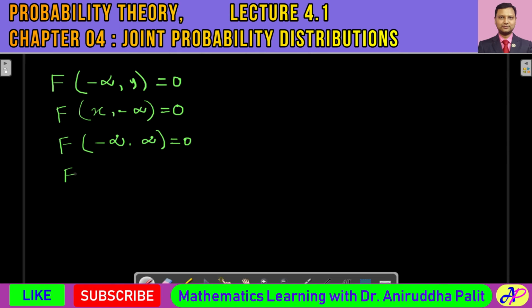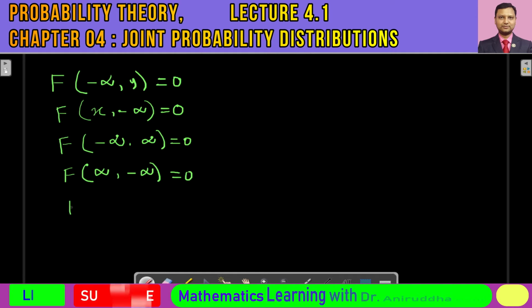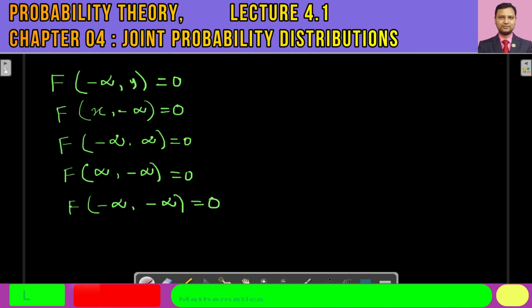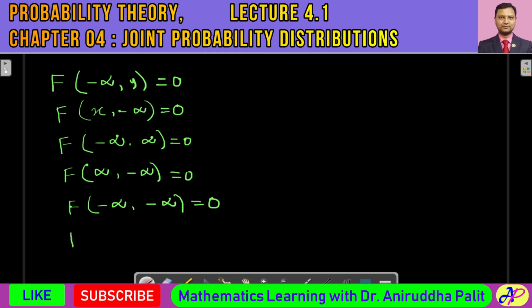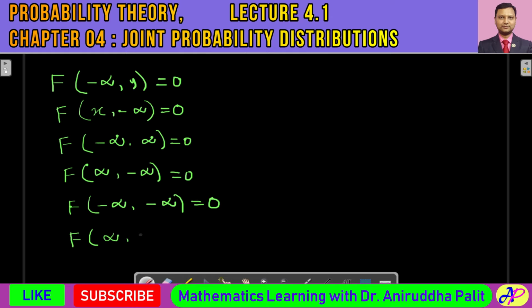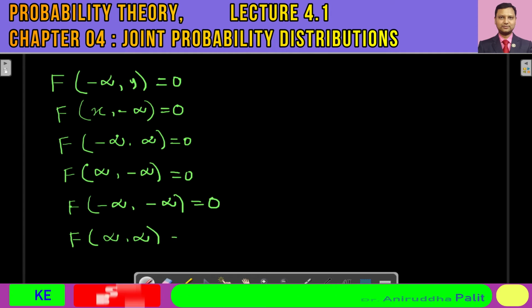Then F of infinity comma minus infinity is equal to 0. Next, F of minus infinity comma minus infinity is equal to 0. And finally, F of infinity comma infinity is equal to 1.